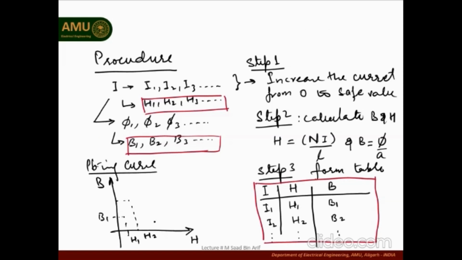This is nothing but H3 and B3 and so on. Now just connect these points. You will find that the BH curve is obtained. So in this way you can easily determine the BH curve of a material.